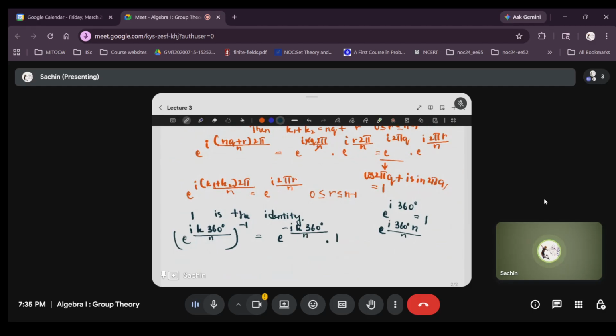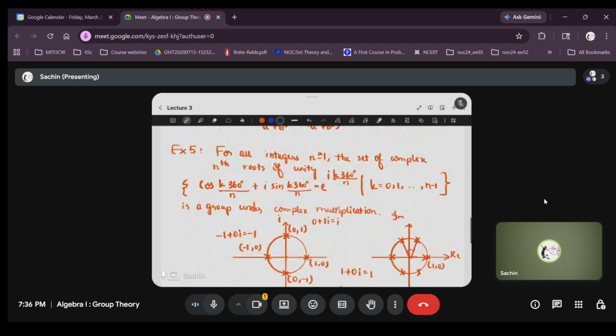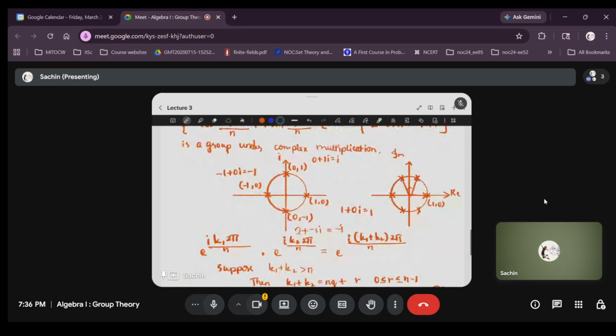but you can multiply it with 1. 1 is also equal to e power i 360 into n by n. So this will be e power i into n minus k 360 by n. n minus k is within 0 and n minus 1 if k is within 0 and n minus 1.